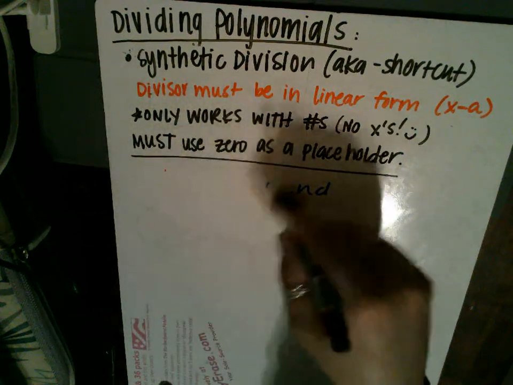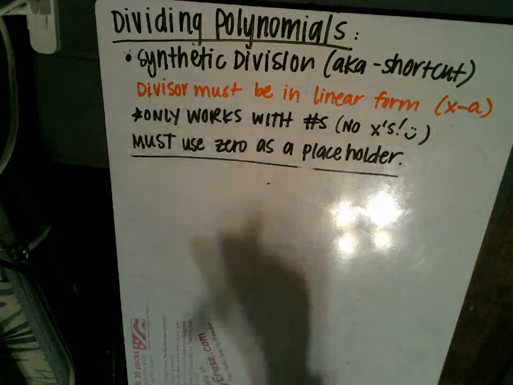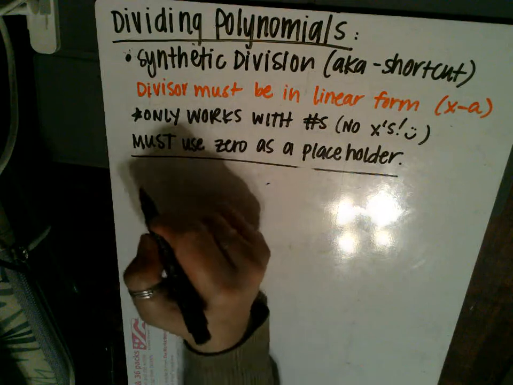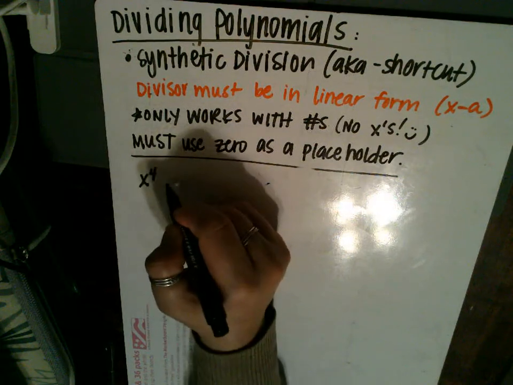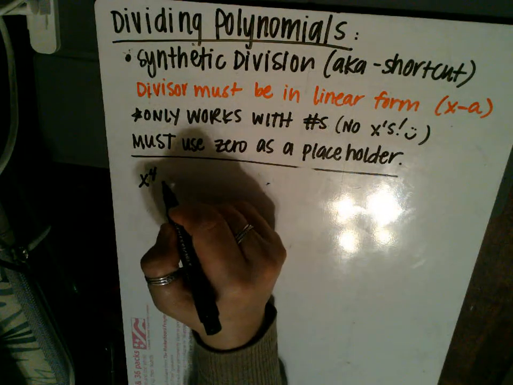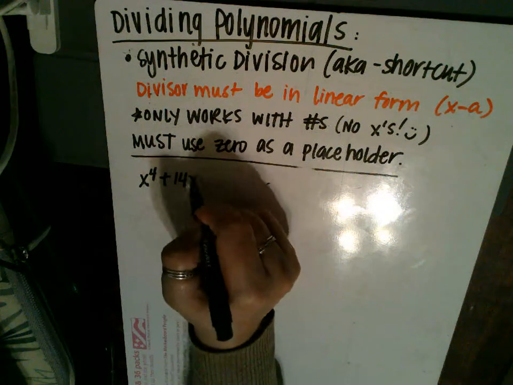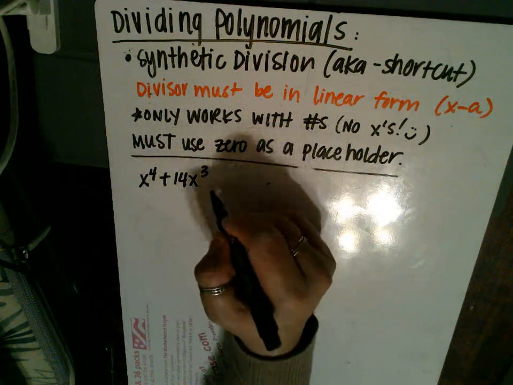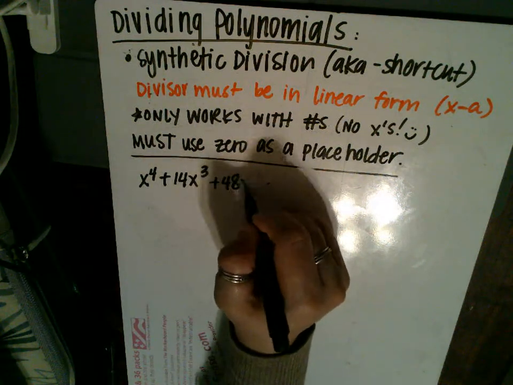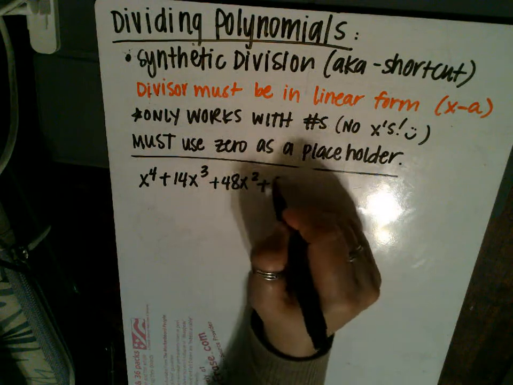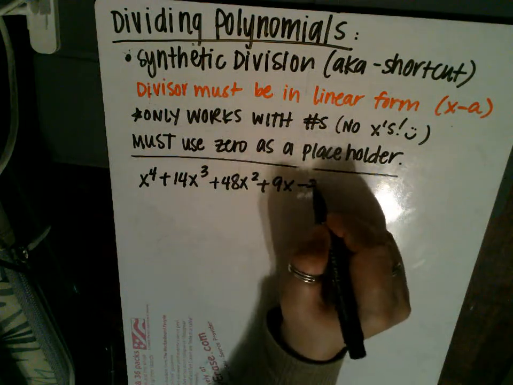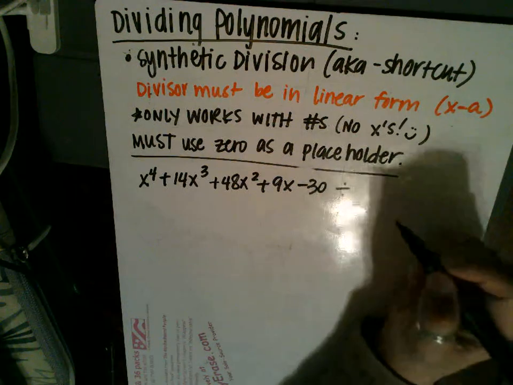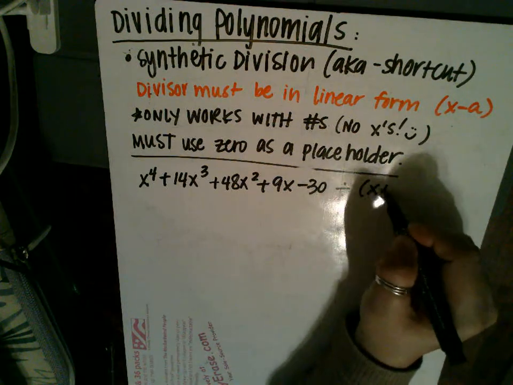So what if I wanted to divide x to the 4th plus 14x to the 3rd plus 48x squared plus 9x minus 30 and divide it by x plus 5.